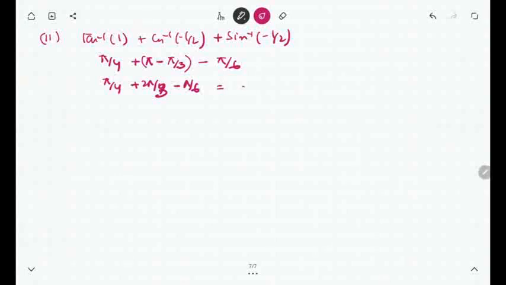So your LCM is 12. So this is 3 pi, this is 8 pi, and this will be 2 pi. So it is equal to 9 by 12 pi or 3 by 4 pi. That's the answer.